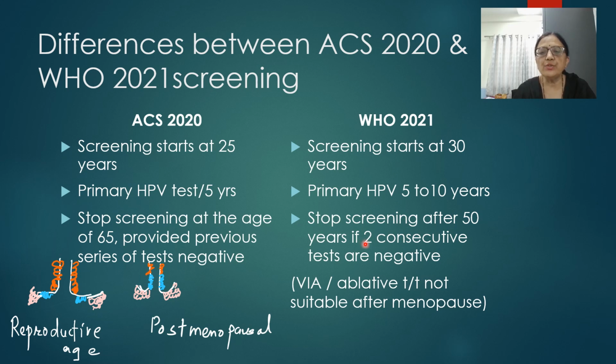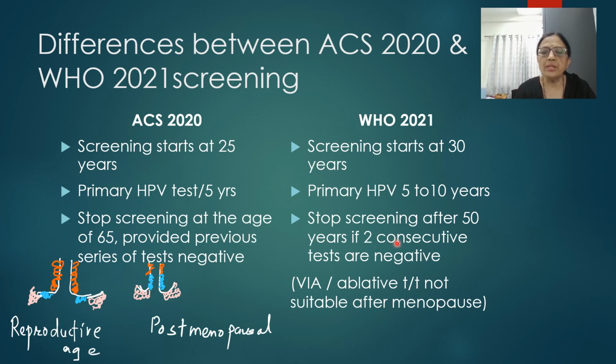After 50 years, we should do two consecutive tests. That means if we are doing HPV testing every 5 years, or if we are doing cervical cytology, then every 3 years, and if these two tests are negative, then we can stop screening.